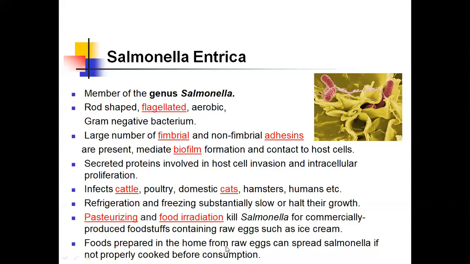Foods prepared in the home from raw eggs can spread Salmonella if not properly cooked before consumption. This is the overall microbial characteristic feature and the overall cause or pattern of infection by Salmonella species.